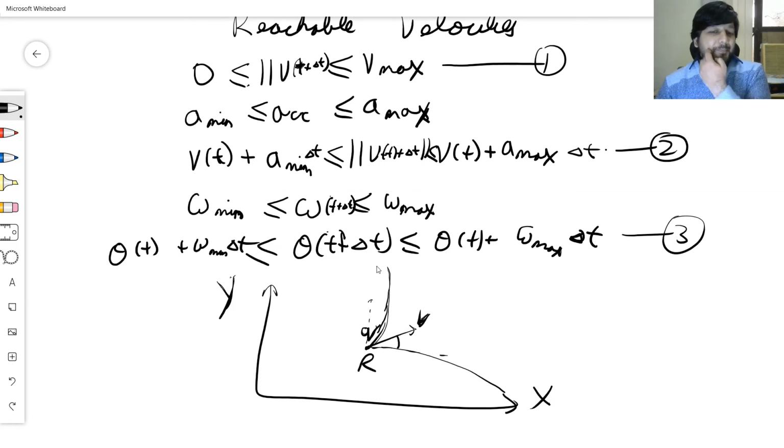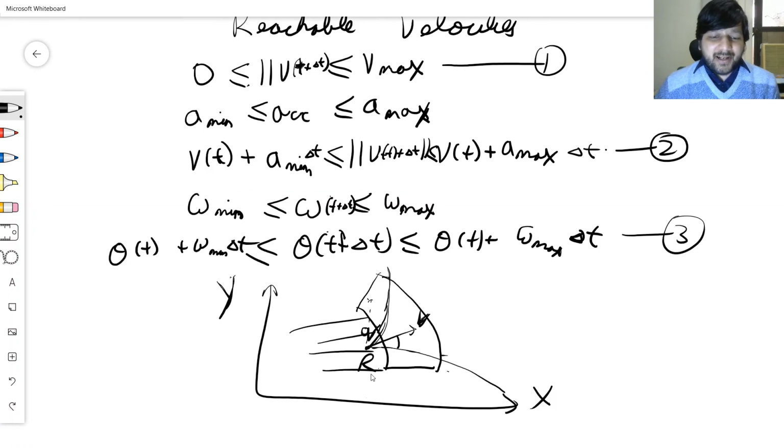And similarly, my magnitude of speed is limited. So my magnitude of speed is limited to this region. So this is Vmin and this is Vmax. That's possible because of these constraints. So I cannot go outside this because of my speed constraints outside this triangle.